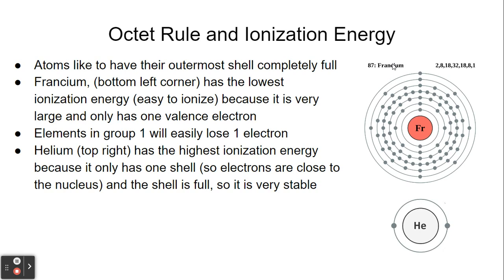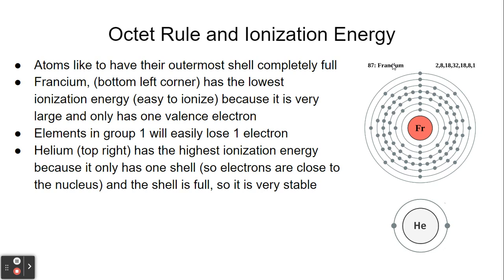Helium, on the other hand, which is at the top right in the noble gas group, has the highest ionization energy because it only has one shell. That first energy level has only the s orbital, which only holds 2 electrons. So it has those 2 electrons and is completely full, even though it's not, quote, an octet.